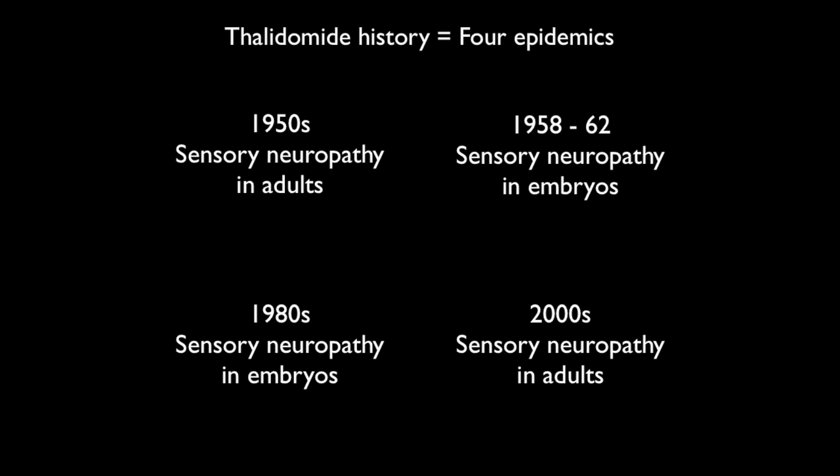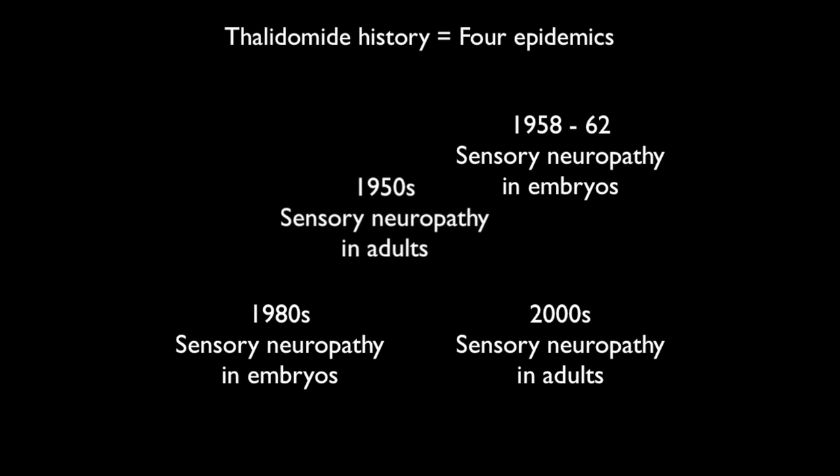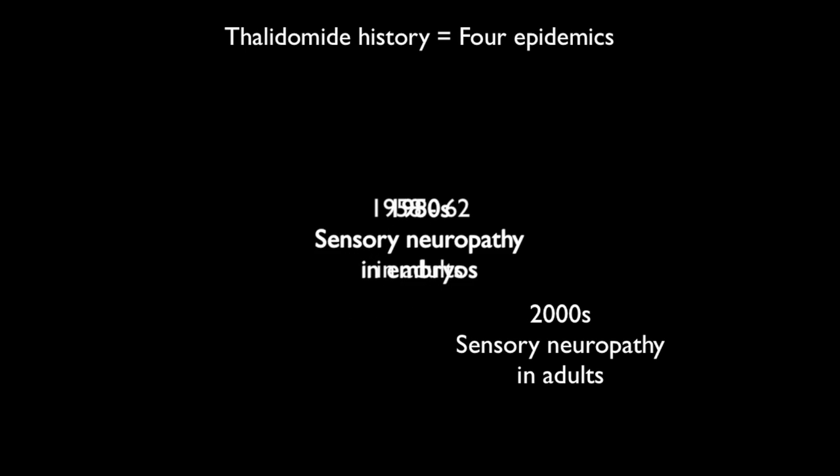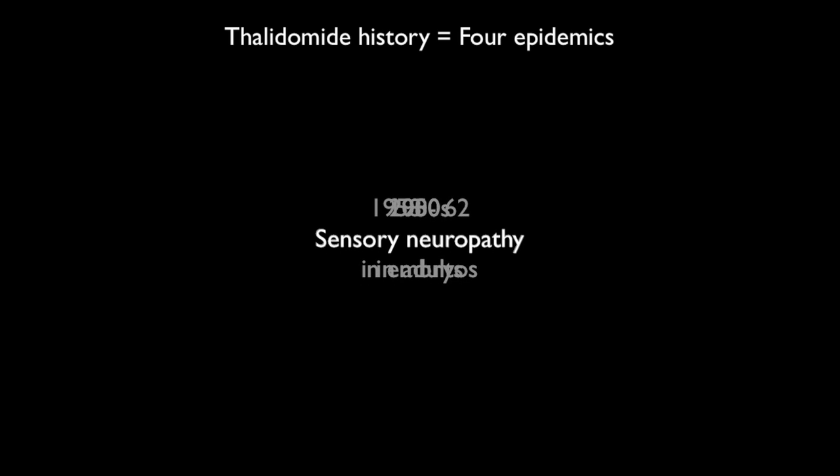And the fourth in adults who, together with their doctors, were told that it was anti-angiogenic. Thalidomide's history is of 4 epidemics of sensory neuropathy. This surely proves its site of action to be the sensory neuron, not blood vessels. We can put all of the 4 epidemics together, and the result and the answer, if we haven't already seen it, is clearly that this is a sensory nerve poison.